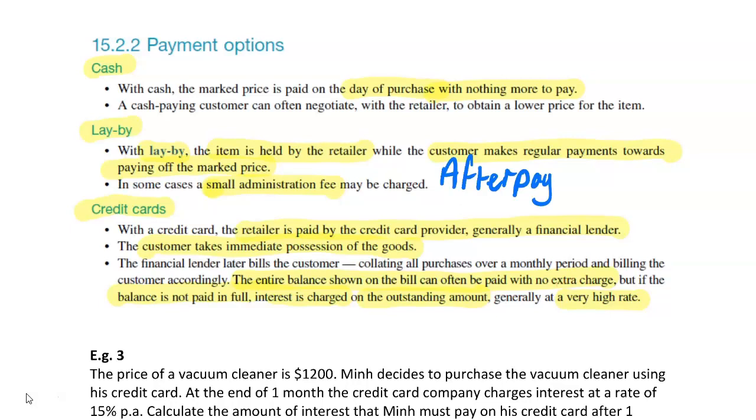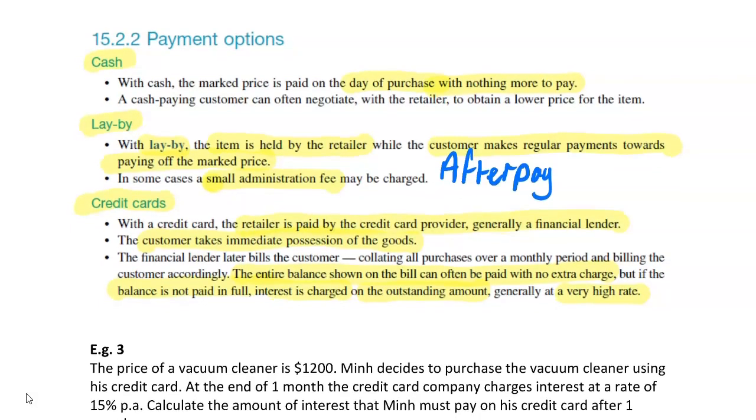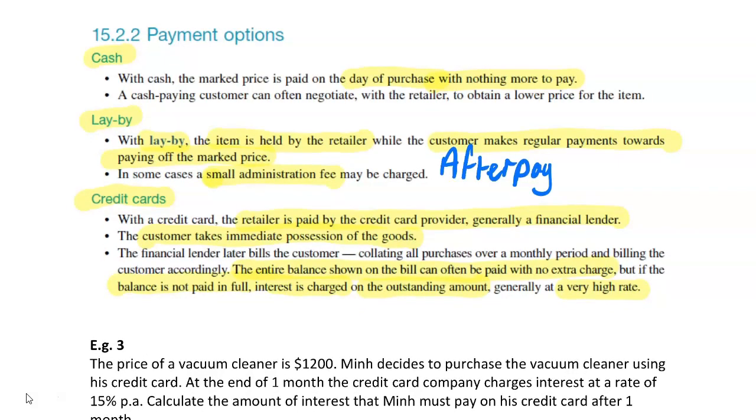Now, also, it's not listed in your textbook, but I'd like you to know that those payday loan things like Nimble, where you borrow money, they start charging interest the day of. Okay, so credit cards give you a month or close to a month to pay off that amount that you owe them. Those things like Nimble don't give you any time. They start charging interest straight away. All right, so it can be very expensive.